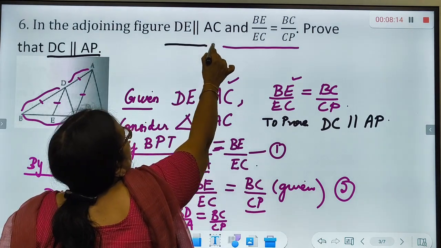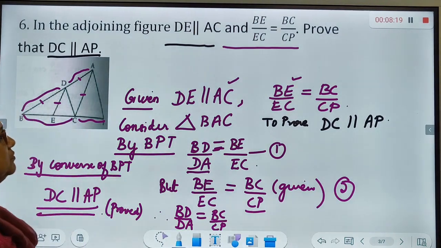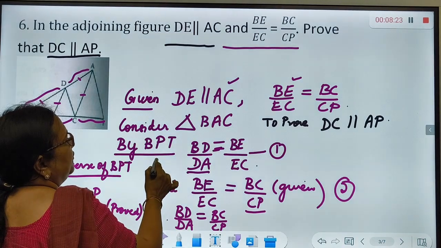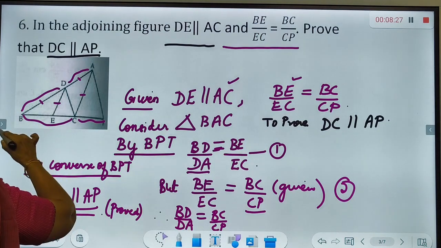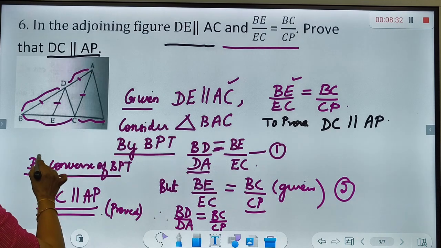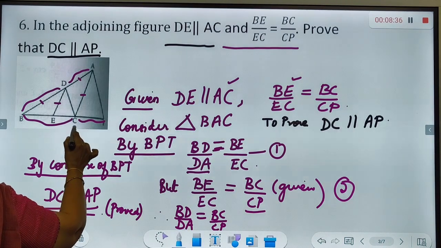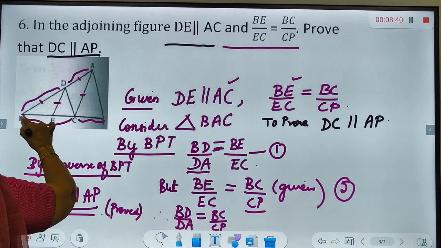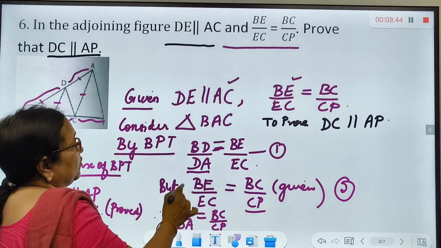This is what we needed to prove. Two facts are given, and this is something that you need to prove. Because DE is parallel to AC, I am applying BPT for triangle BAC and I got this result: BD by DA is equal to BE by EC. But what is given?